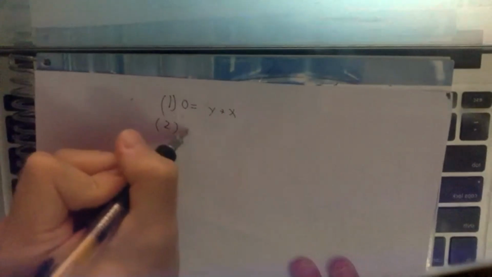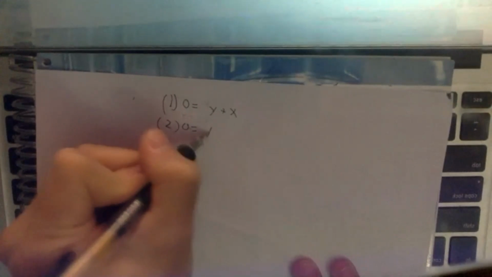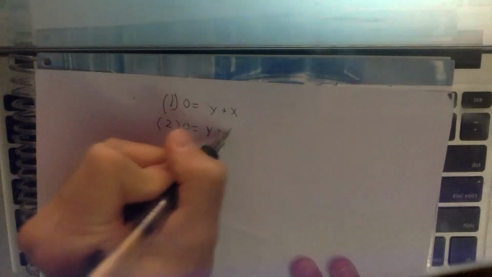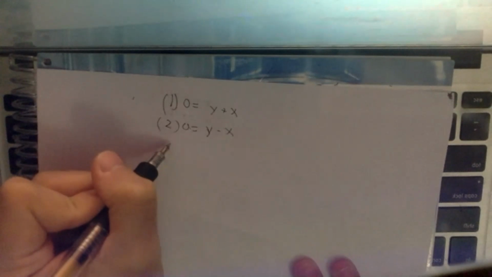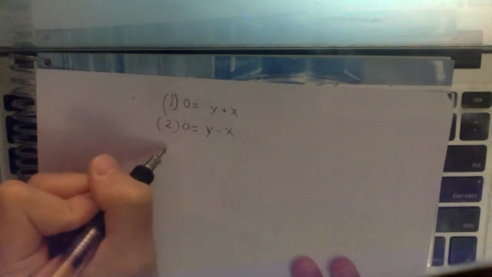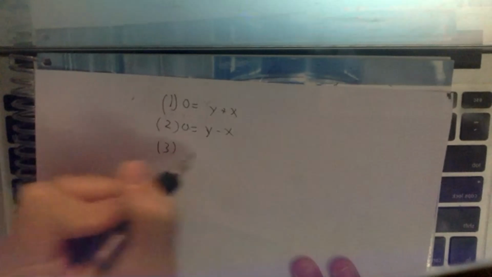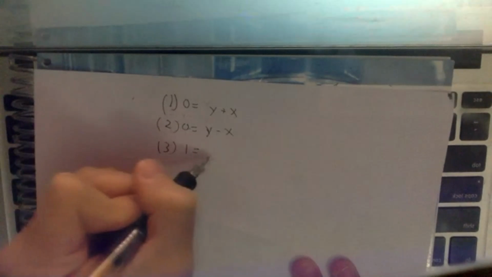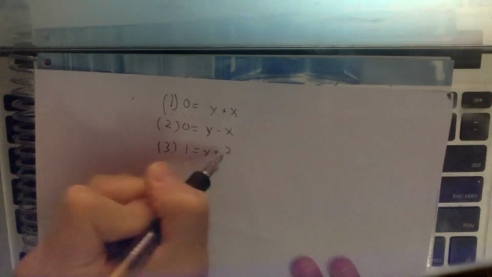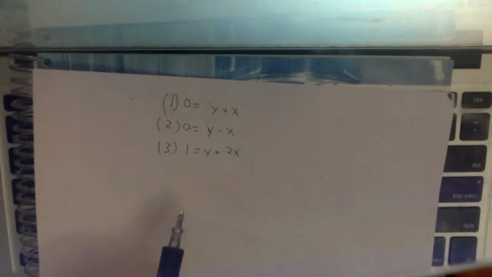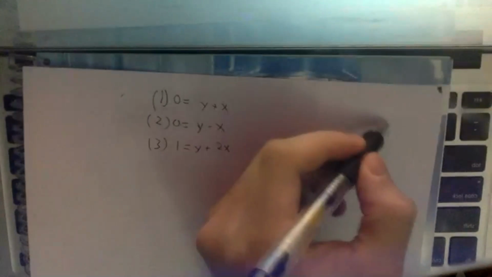Equation 2, we have 0 equals y minus x. And equation 3, we have 1 equals y plus 2x, right? So it says make a triangle.